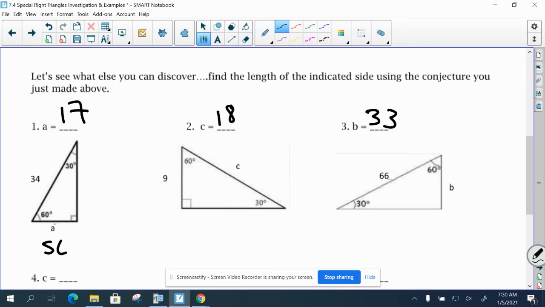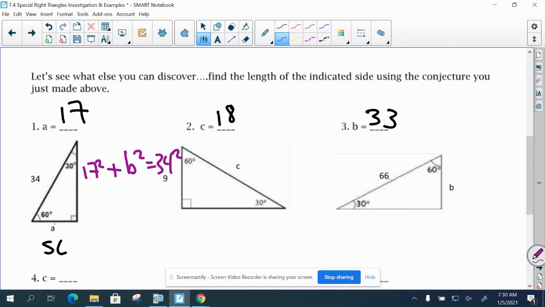All right, so the rest of them are kind of the same. So what we're going to do next is go back through these and find what the long leg would be. So we're going to find this long leg if we know that this is 34 and 17. So 17 squared plus, we'll call it B squared, equals 34 squared.